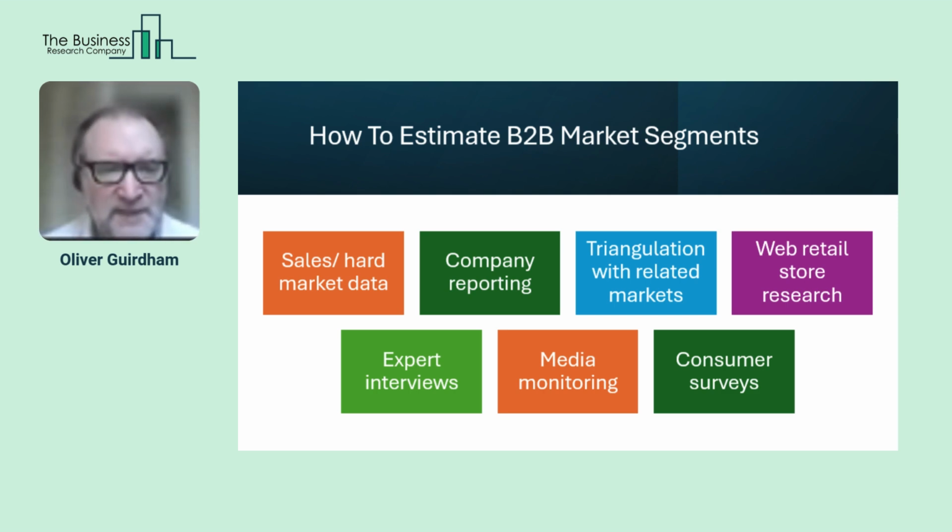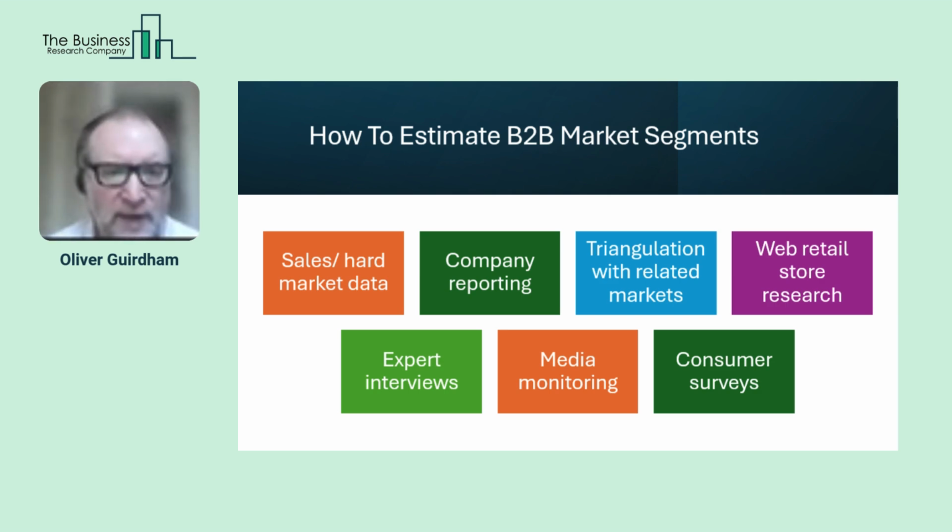Then, further segmenting that, if there's hard market data available, then that's ideal. You can look at company reporting, companies that are operating in that segment, and what proportion of that market comes from each segment.